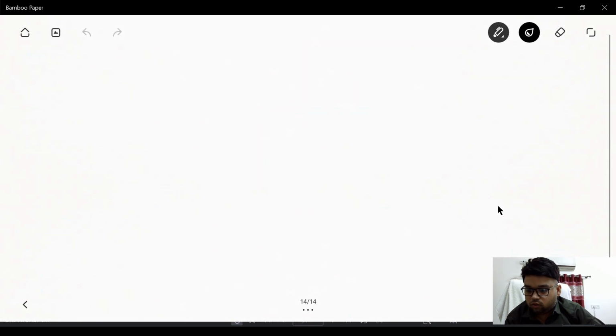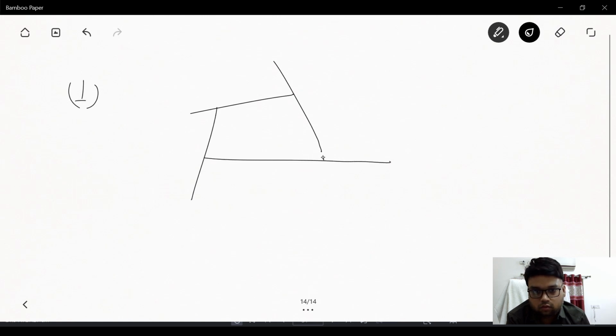So what is your question here, in example number 1? What have they tried to ask in this particular question? Here this one is x degrees, this is 90 degrees, this is 50 degrees, this is 110 degrees. Now the sum of exterior angles is equal to 360 degrees, as I said earlier on the previous page.